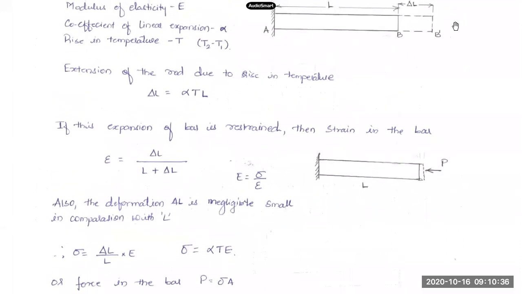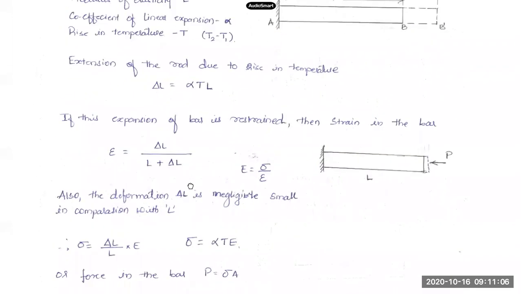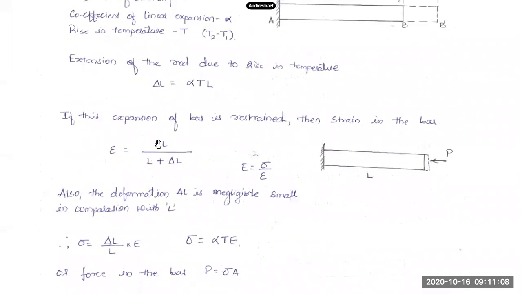So this is my actual bar now, of length L plus delta L, and I am compressing this by delta L. So strain will be change in length delta L divided by original length L plus delta L. I neglected this delta L since it is very small compared to L. So finally, strain is equal to delta L by L.